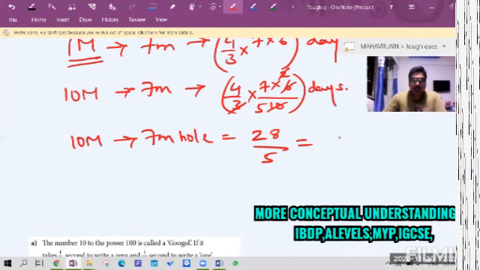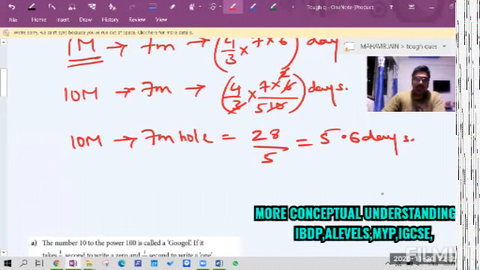So 5.6. 5 5s are 25, 5 6s are 30. Yeah, perfect. Let's work on the calculator also. So 28 divided by 5 gives you 5.6. So it is 5.6 days. I hope it's clearly understood.